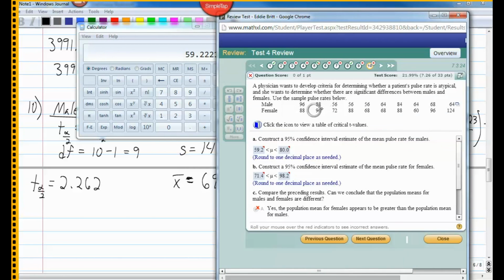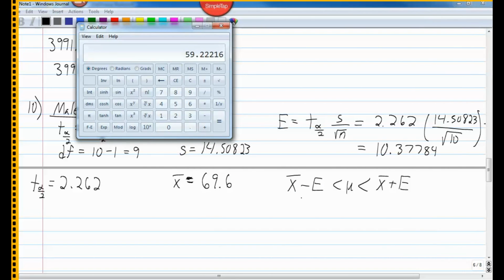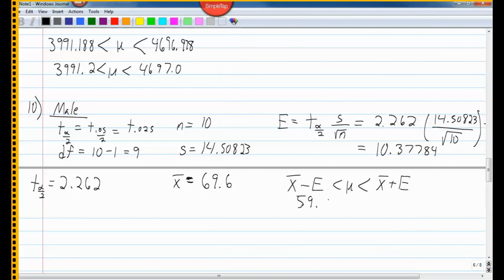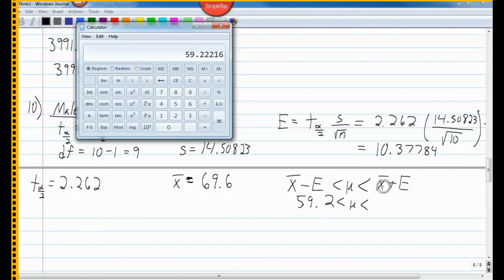Looks like one more than the data set, I guess. So we'll round to one place. So the lower is 59.2. And the upper is 69.6 plus the margin of error. All right, I'm going to round this to one place, so 80.0.